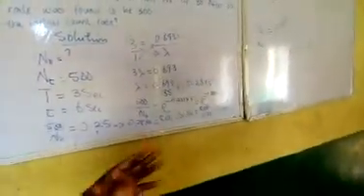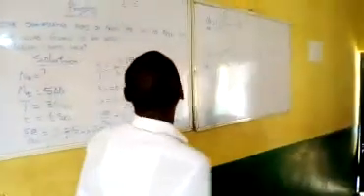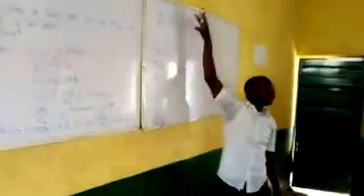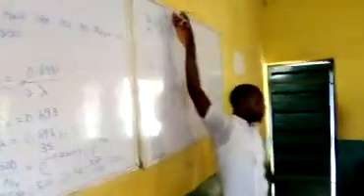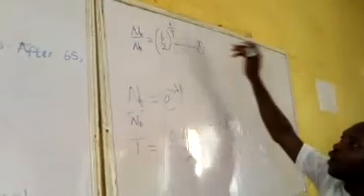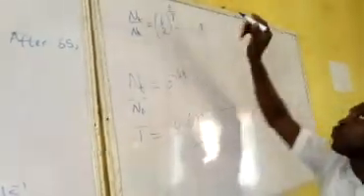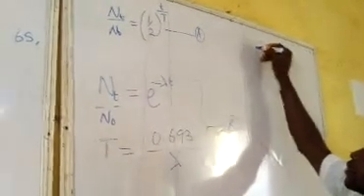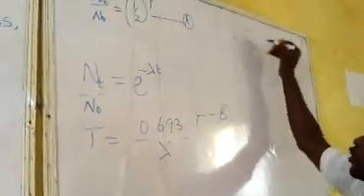Now we want to check if we can use the same formula, the one up here, that we are trying to verify the validity of, to see whether it's true or not. Now in this question, you have your N T, which is what? 500, divided by N naught, isn't it?